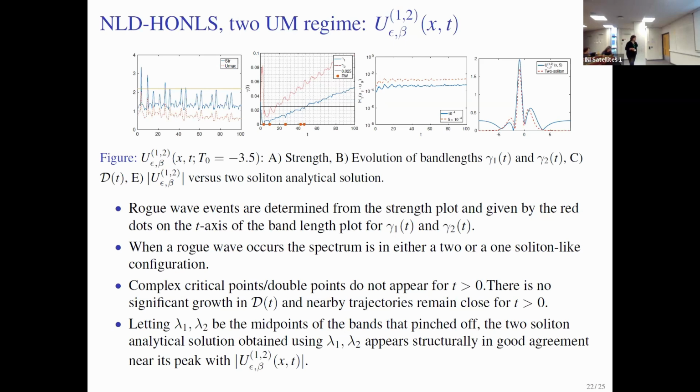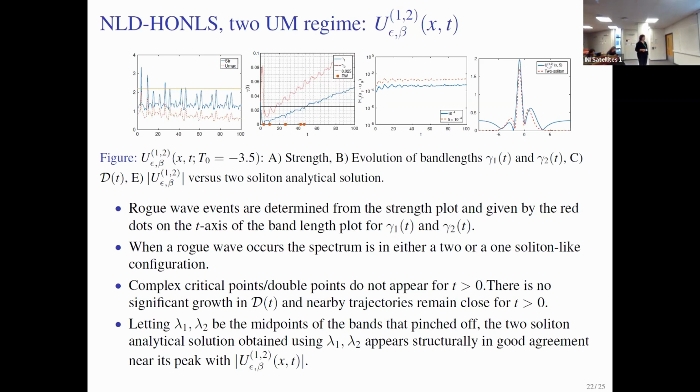And so we see that the rogue waves are occurring when the spectrum is in either a 1 or 2 soliton-like configuration. There are no complex critical points or double points in the evolution, and there's also no significant growth in D of t. And so the nearby trajectories remain close for t greater than 0.